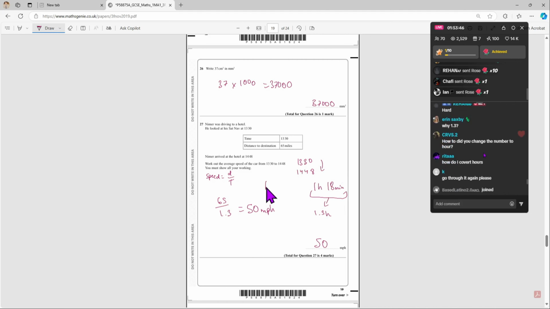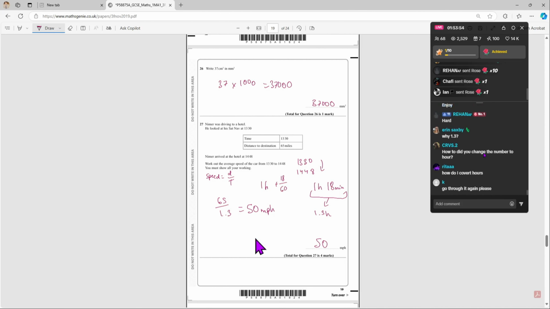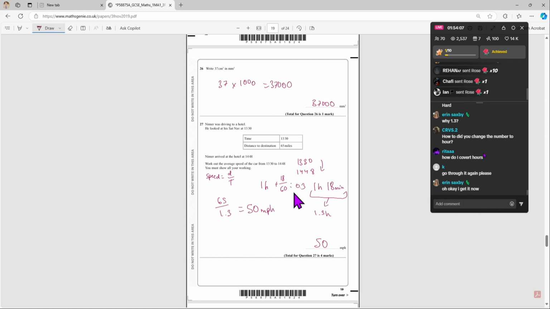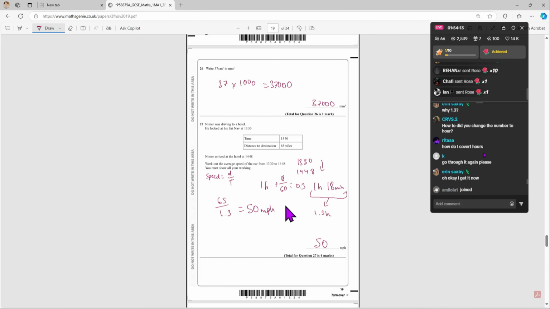We know that's going to be 1 hour, and then 18 minutes is going to be 18 over 60, since in 1 hour there are 60 minutes. If you simplify 18 over 60, it is 0.3 as a decimal. Okay? So do 1 plus 0.3, you get 1.3.